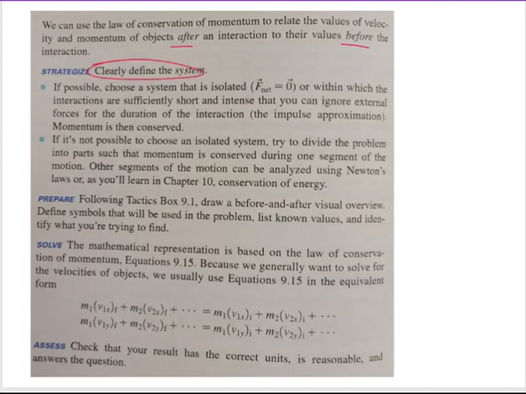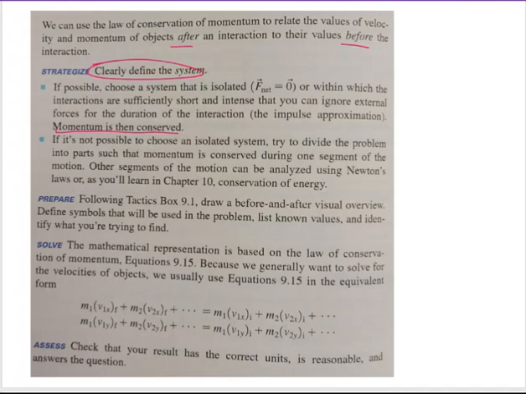If it's possible, choose a system that is isolated so that F net equals 0, or within which the interactions are sufficiently short and intense that you ignore external forces for the duration of the interaction, using our impulse approximation. While the collision is going on, we could ignore gravity and friction and drag. Then momentum is conserved. We want that to be the case.